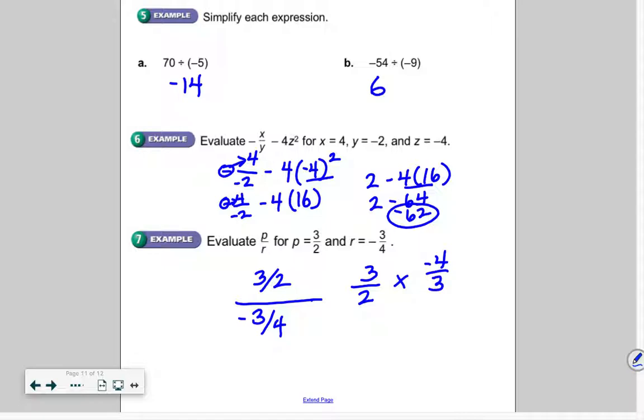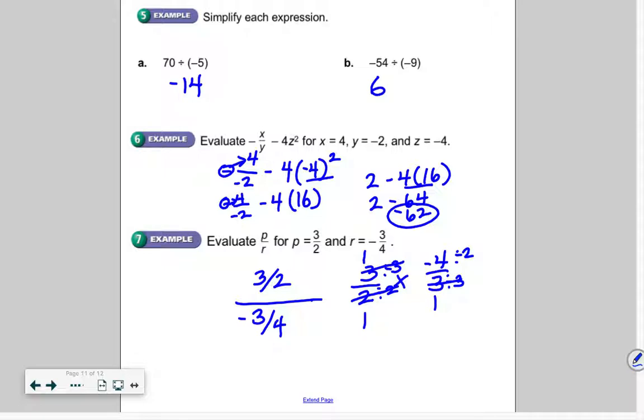Now, can you cross-reduce your diagonals? Both of those can be divided by 3. So 3 divided by 3 is 1 on both diagonals. Do you want to reduce your other diagonal as well? What can those both be divided by? 2. What is 2 divided by 2? 1.